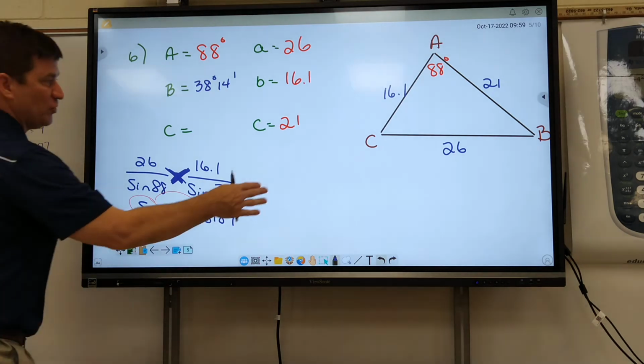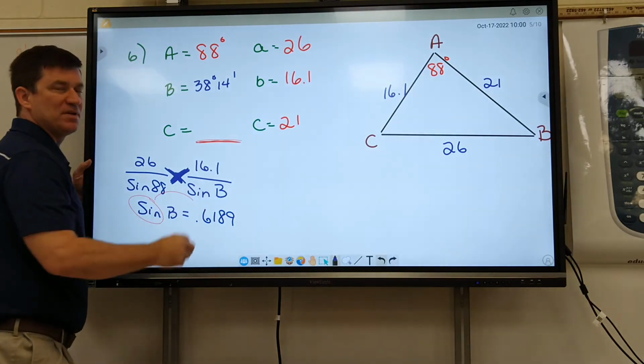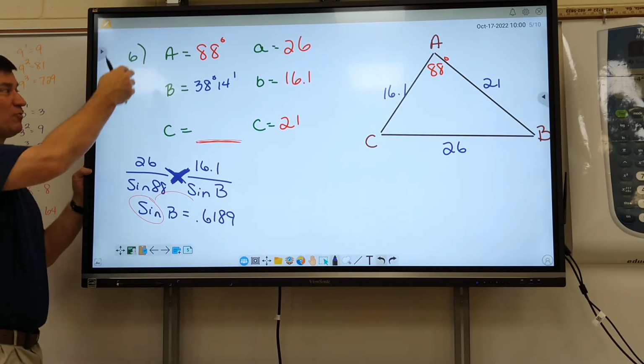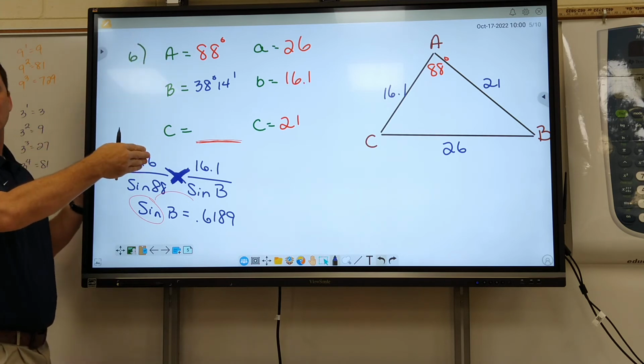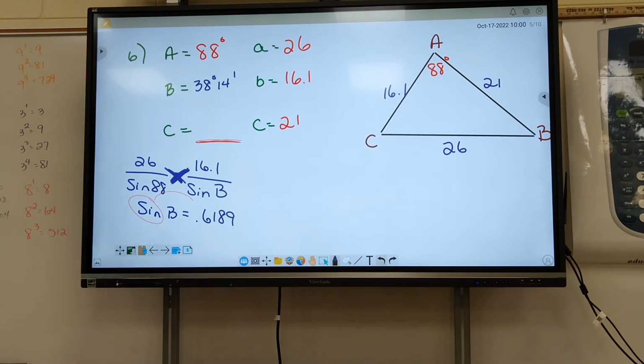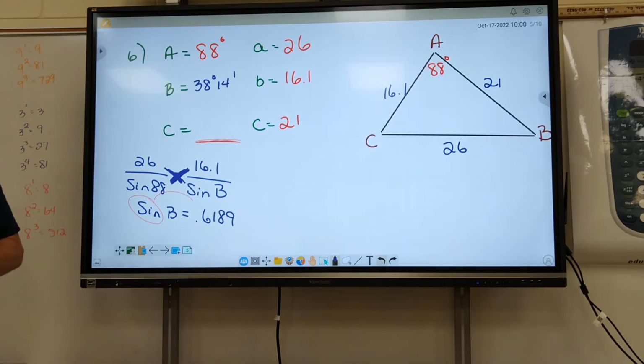Now, we don't have to do it again on this one. How come? I have 2 of them. How can I find a missing angle? I can just subtract from 180, right? That rule applies to any triangle, it doesn't have to be a right triangle. So subtract these two from 180, that'll give me angle C. So this one's going to be a little shorter. It's just one step that you had to show instead of 2 steps.